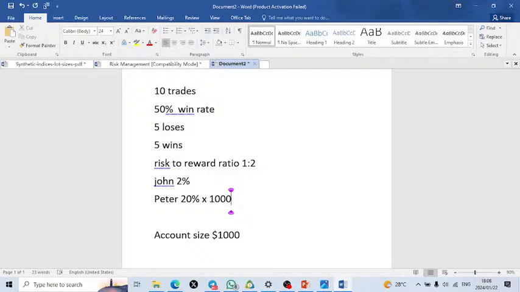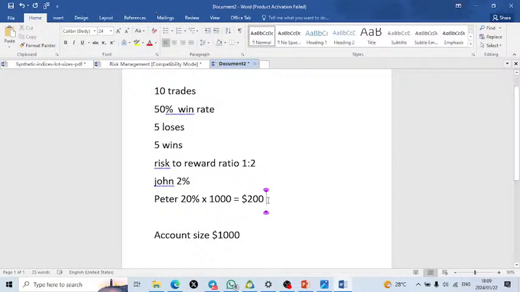What's 20%? 10% is 100, then 20% is 200. 50% will be 500, so 20% will be 200. So this guy is risking $200 on each and every trade.